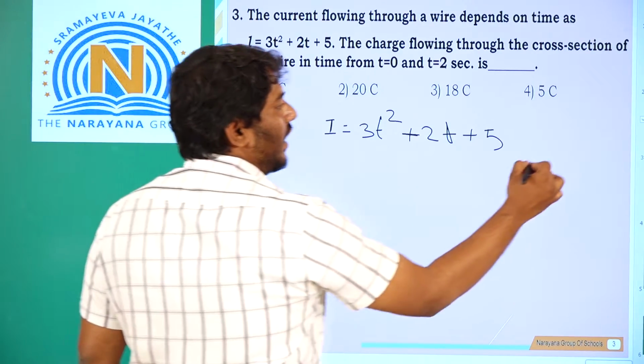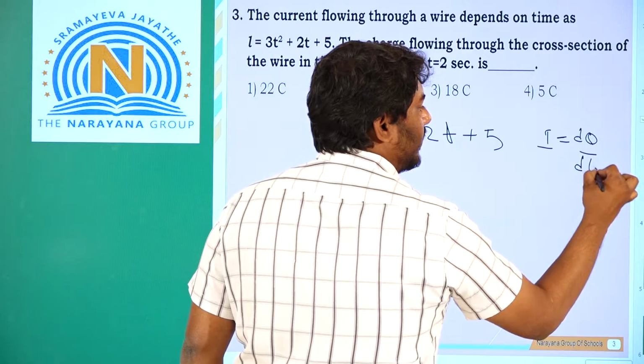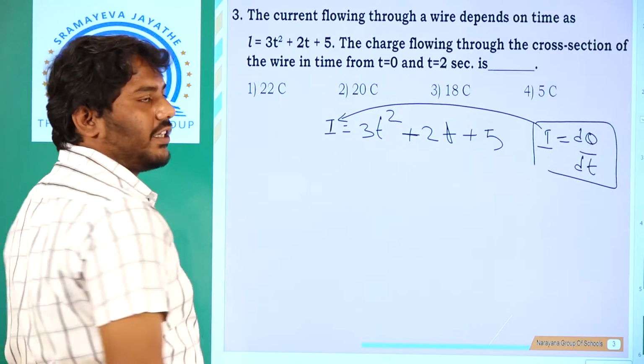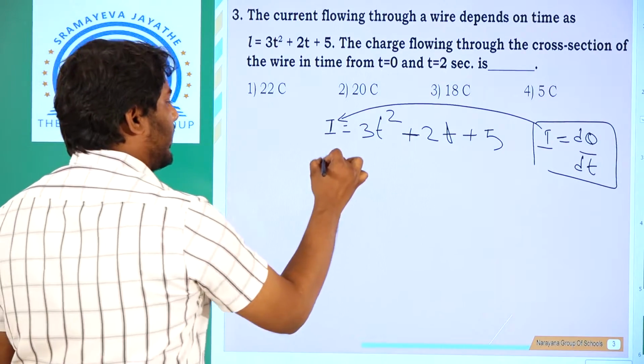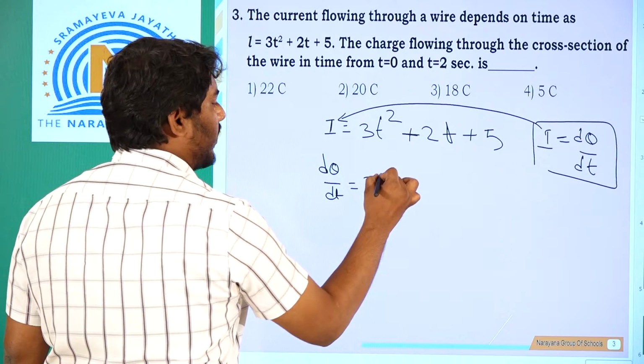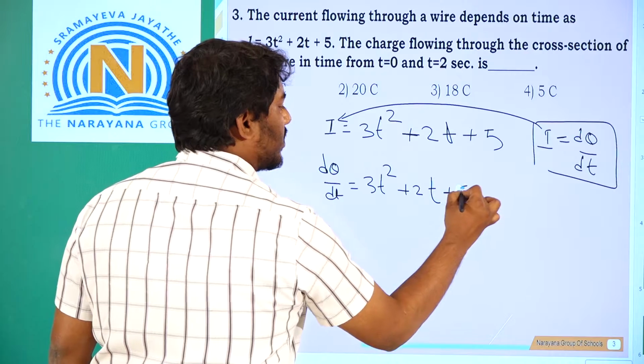I can write this I as dq upon dt. So in the place of I, I'll replace dq upon dt. So dq by dt equals 3t square plus 2t plus 5.